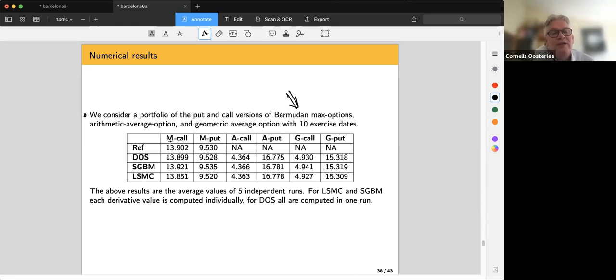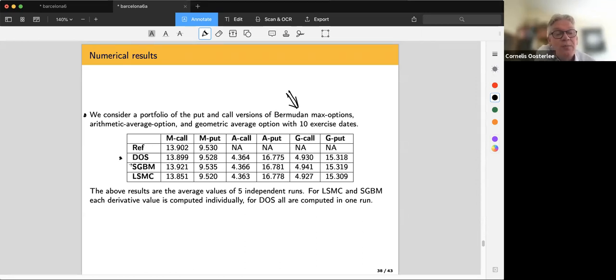We have a reference for the max option, put and call, from a paper: 13.902 for the call and 9.530 for the put. We don't have a reference value for the arithmetic and the geometric option. In this case, it's an early exercise Bermudan option, so it may be difficult.